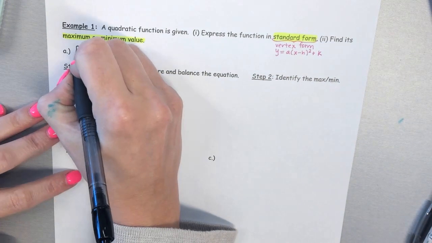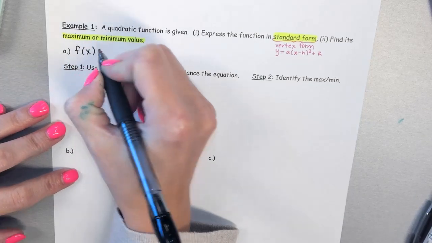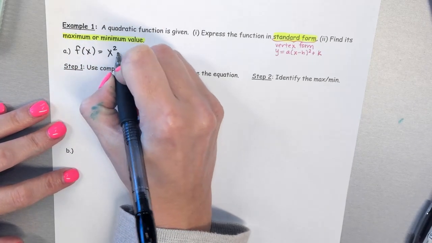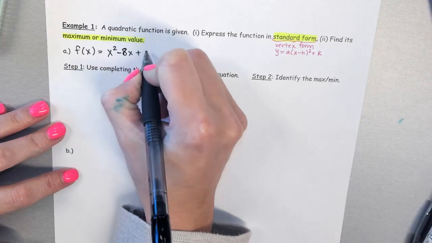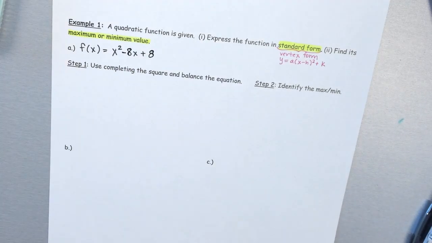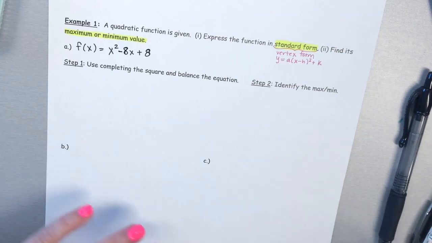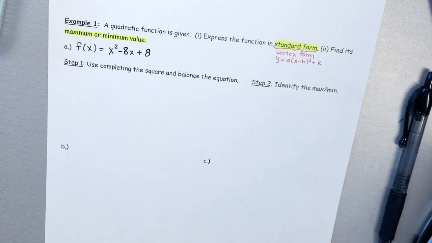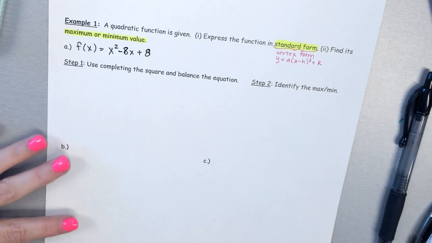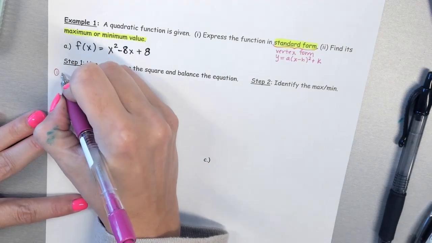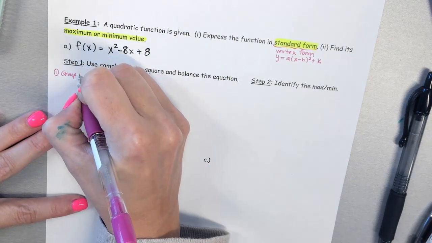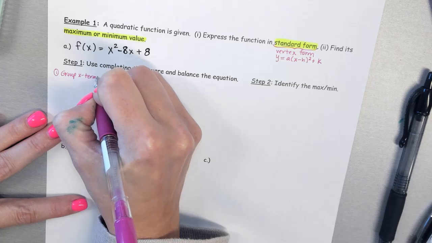So for f of x is equal to x squared minus 8x plus 8, our first path is going to be to use completing the square to balance this equation out. When we do this, the first thing we want to do is group the x terms together on one side.